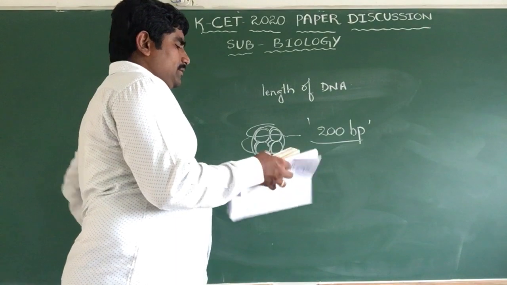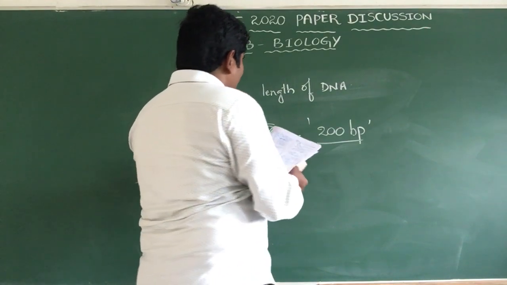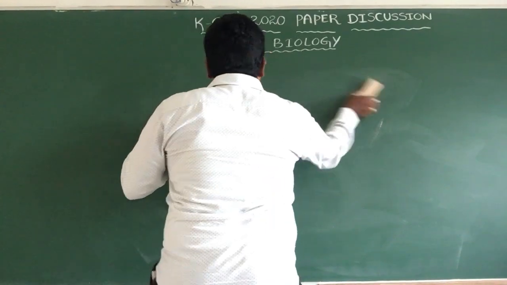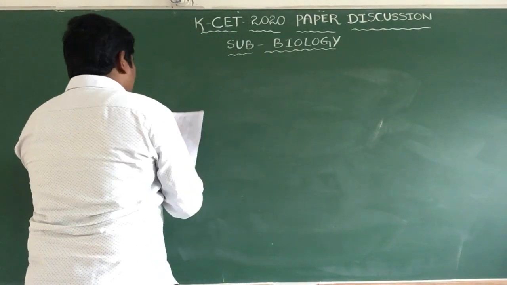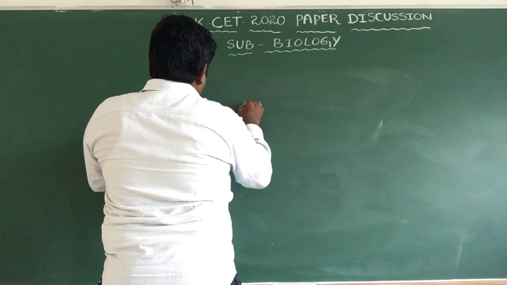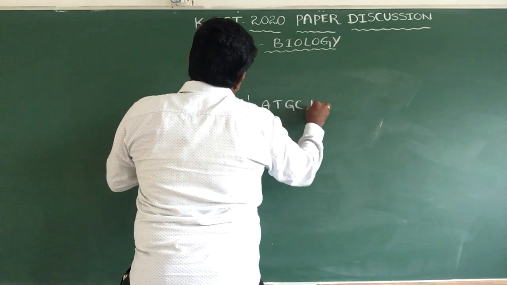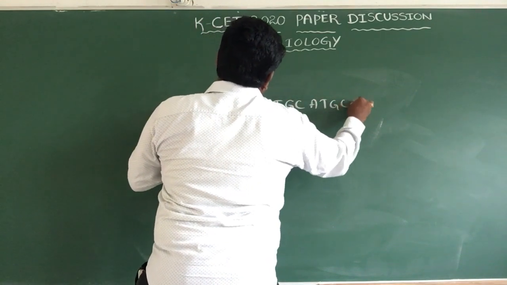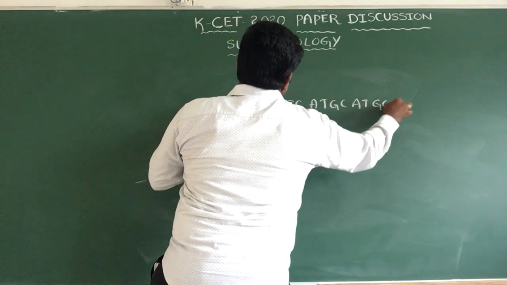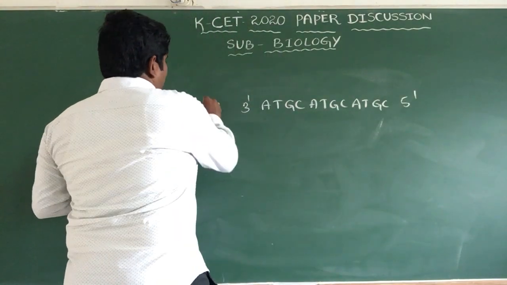So next one is: for the given sequence of DNA, we have to write the complementary mRNA. The given DNA sequence is written from 3' to 5', ATGC, and they have given this as 5' end. DNA means thymine is present, so this is DNA.